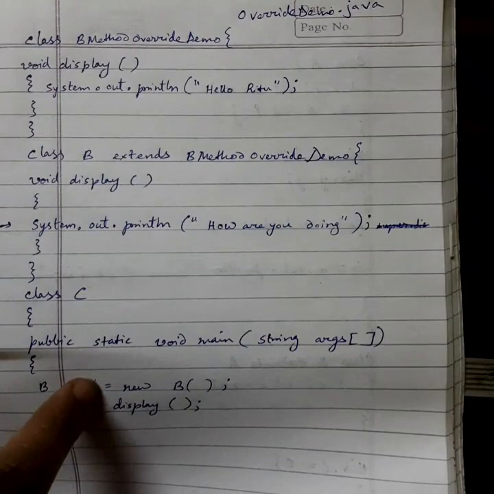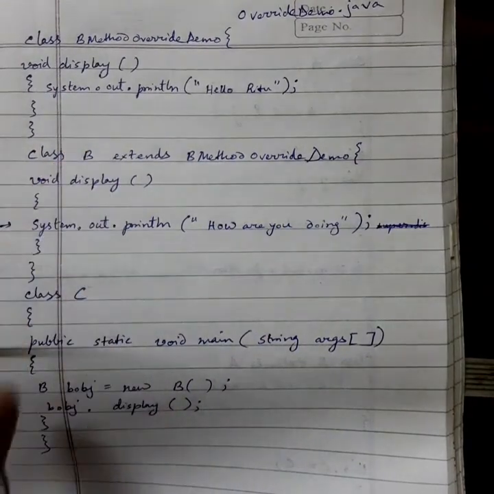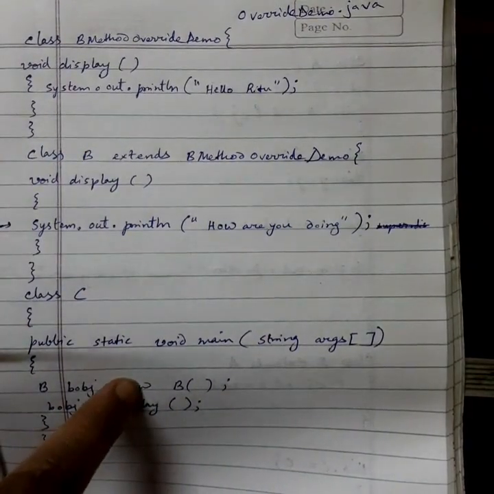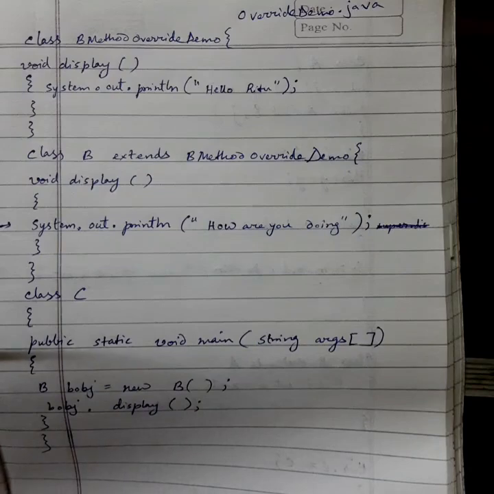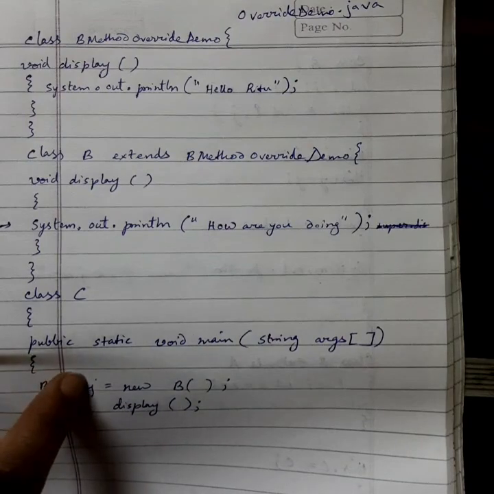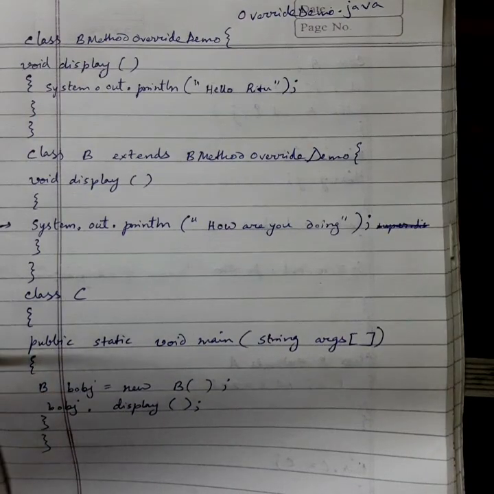Bobj is the object of this class. New B creates the object, and that gets assigned here. We are assigning it to a name.